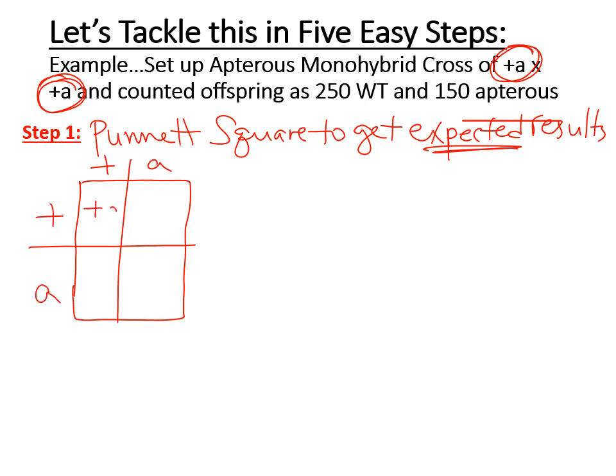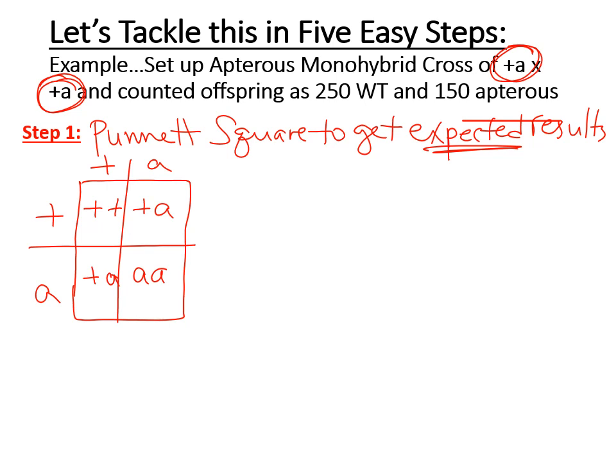This is the standard monohybrid cross. So you end up with the usual expected phenotype ratios of 3-to-1.